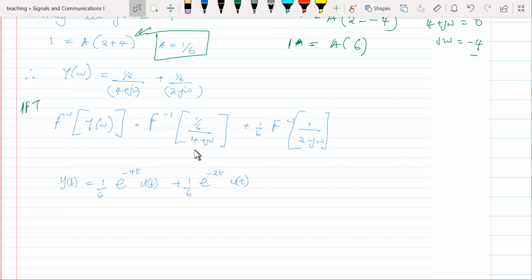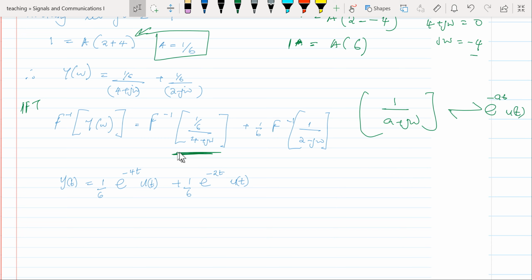We can remember our Fourier transform pairs that we already know: 1 over (a plus j omega) is inverse Fourier transformed as e to the minus a t times u of t.